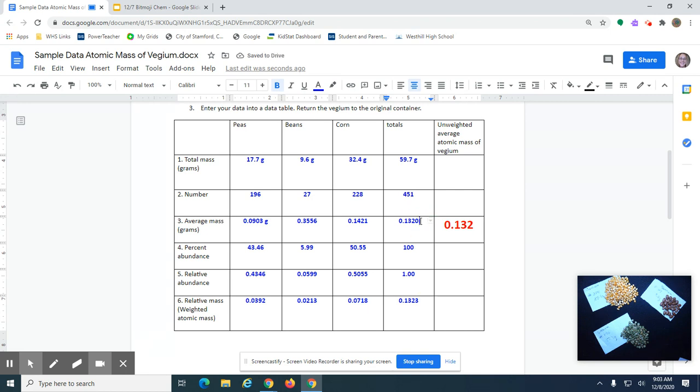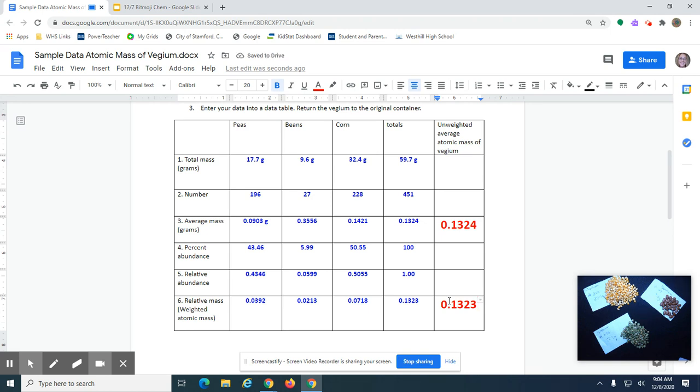And I'm going to check this last digit here. 59.7 divided by 451 is actually 0.13237, so that becomes a 4. Actually, I can just do this, 0.1323.